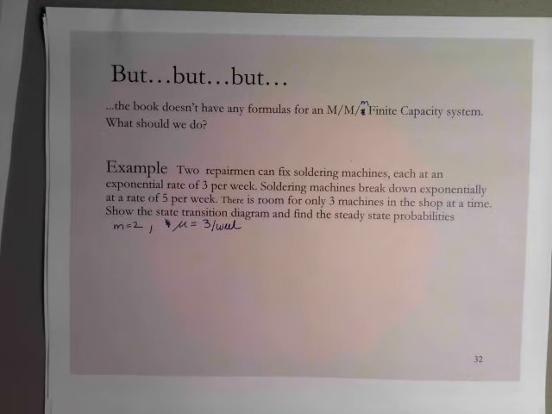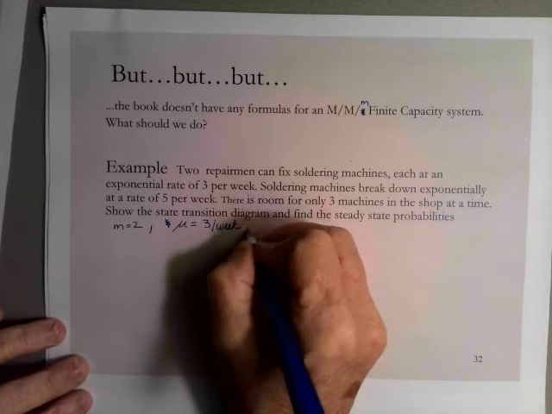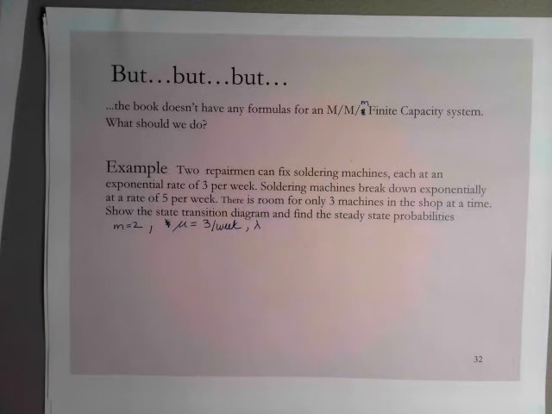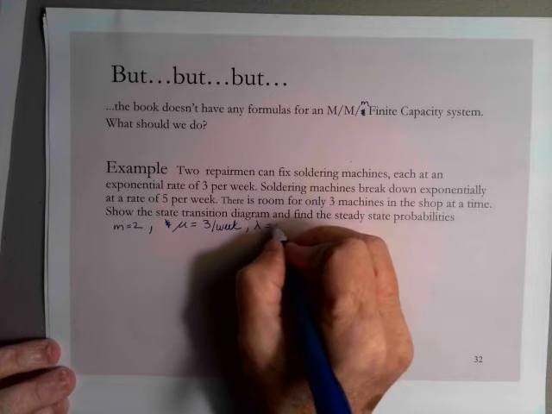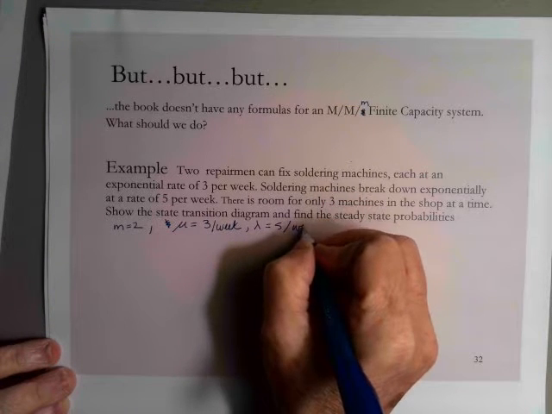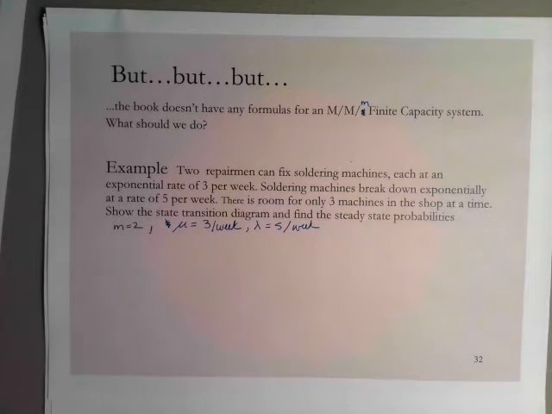That's always nice. Soldering machines break down exponentially. Oh, they gave me that too. They told me that my arrival rate, and arrival in this case is the arrival to the service people, right? So this is going to be 5 per week. And there's only room for 3 machines in the shop at a time.